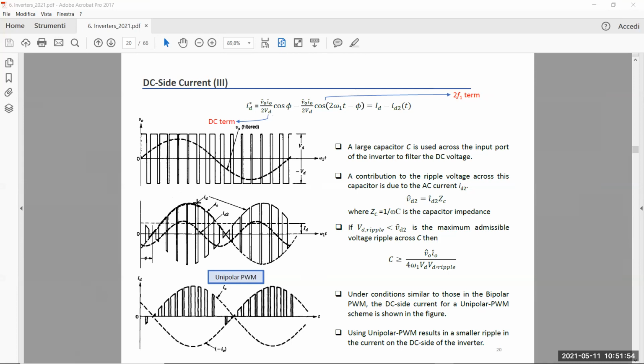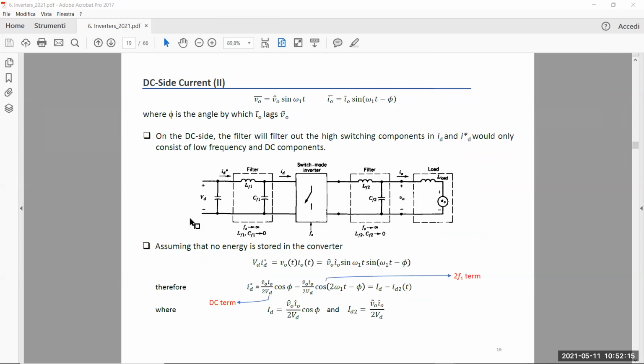Then I have ID. This contribution here is the total switching current that I have at the input side. So it has a behavior like I naught, negative I naught, I naught, negative I naught, etc. Something that bounces up and down, alternating between different situations, okay?